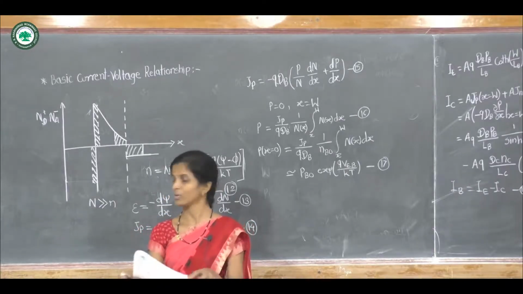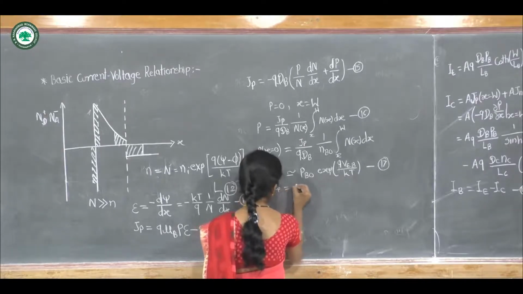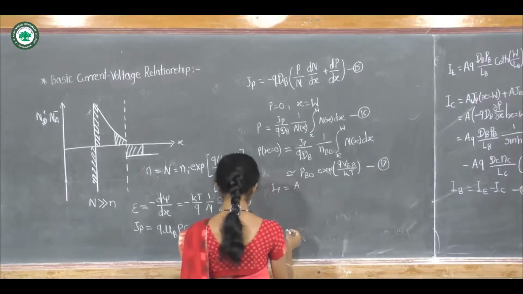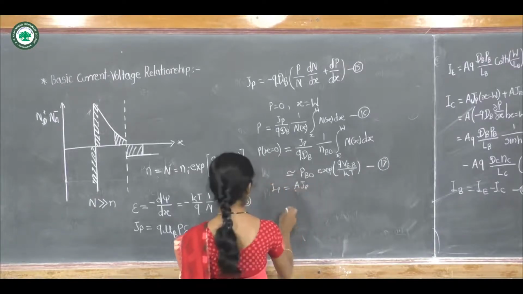And the current Ip is equal to A into Jp, where A is the area.